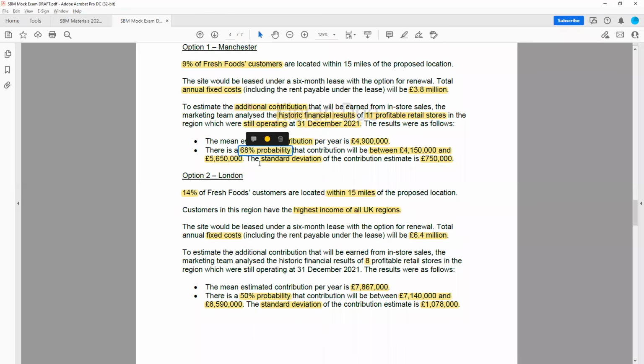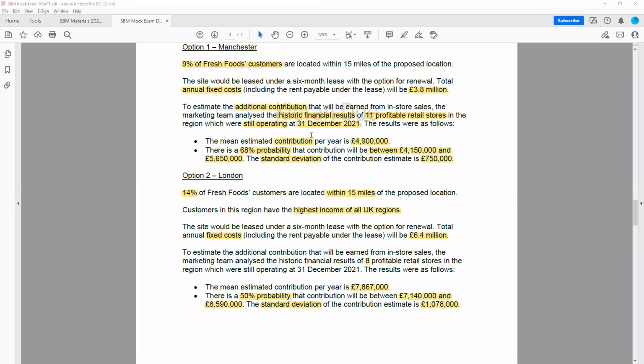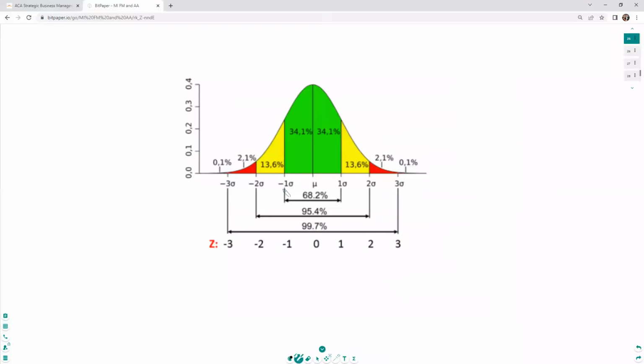You might recognize this number straight away, we're looking at a 68% probability. If it is normal distribution, then you'd expect 68% of the values to be between one standard deviation below the mean and one standard deviation above the mean.